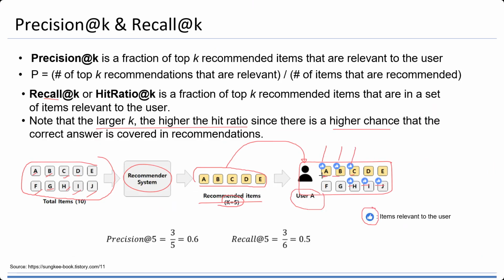This item is good based on user A. If there is no like button, then it means the item is not relevant to user A.